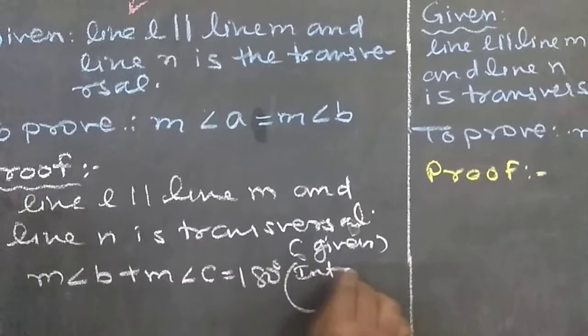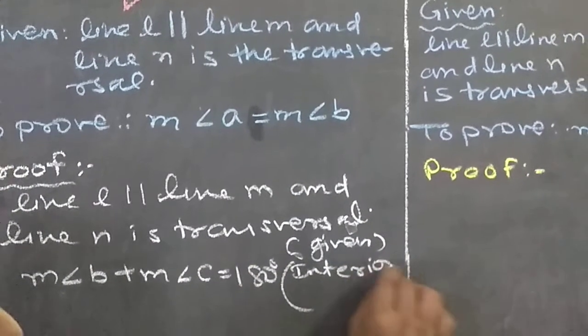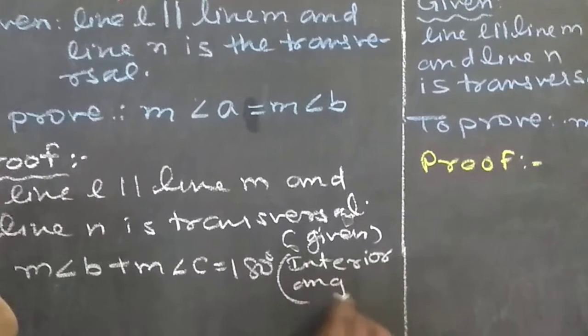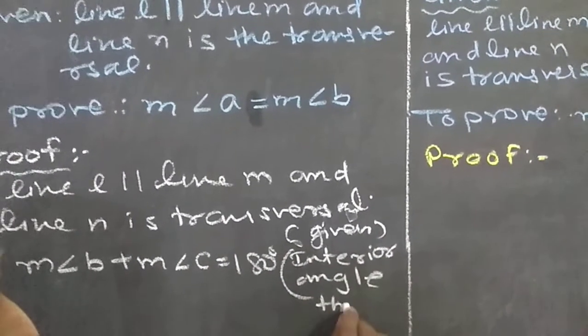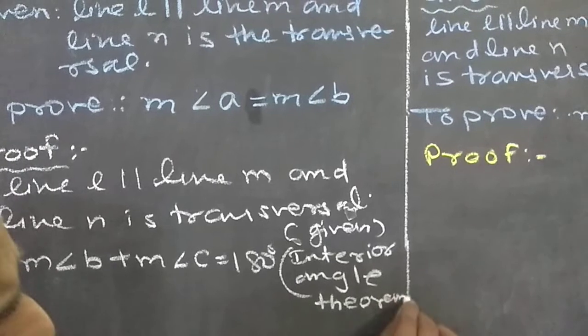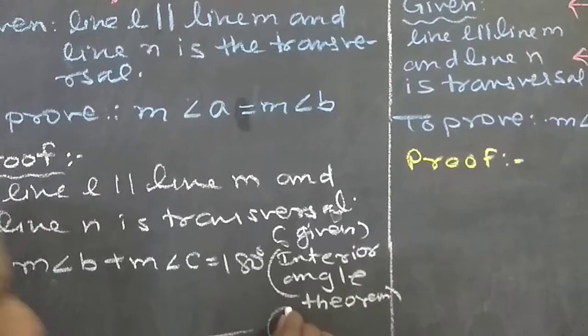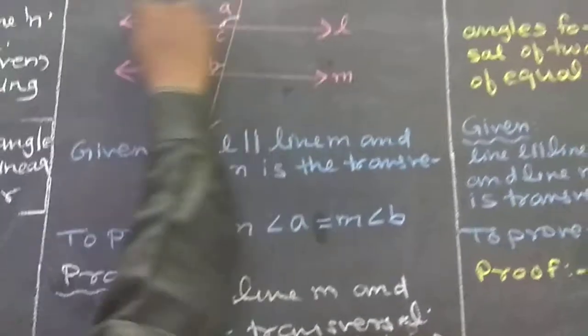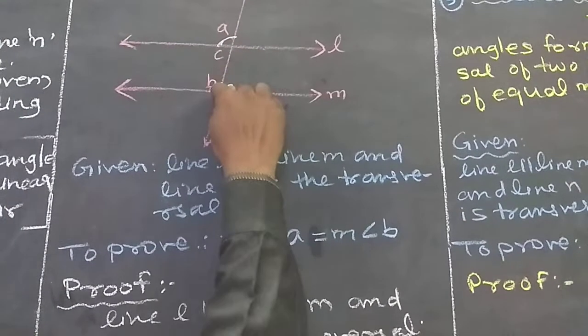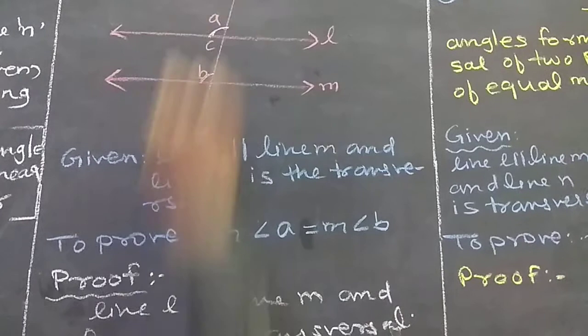Here you will write interior angle theorem. Okay, give it equation 1. Now here you can see measure angle A plus measure angle C is forming an angle in linear pair.